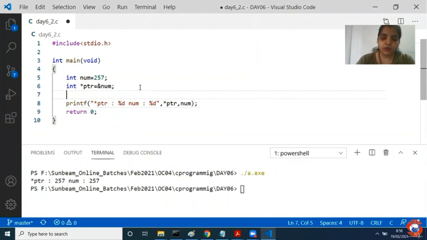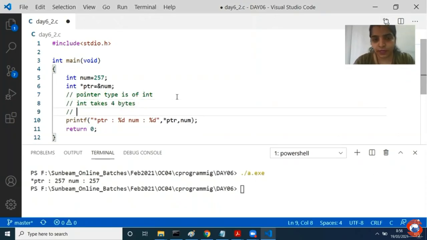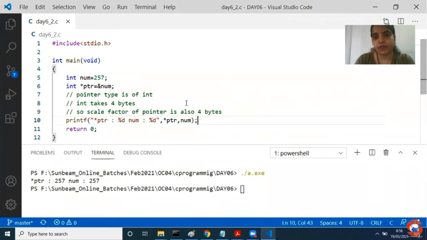Now, here I'll say pointer type is of integer. Can I say like this? Everyone, right? Integer takes 4 bytes, right? So I will conclude scale factor of pointer is also 4 bytes.